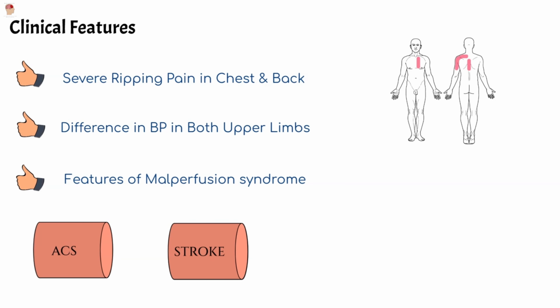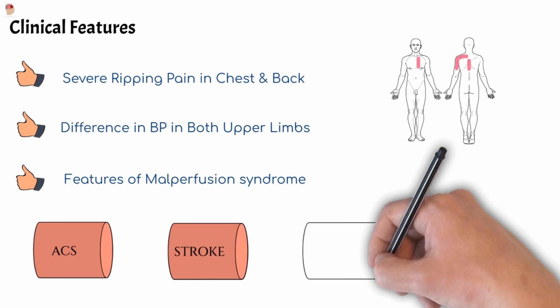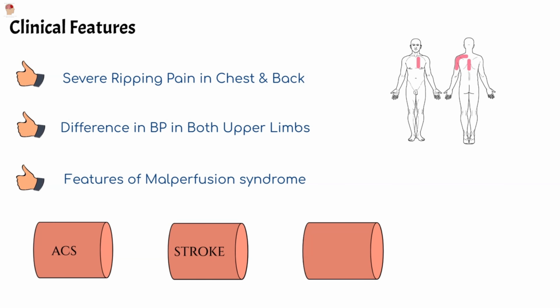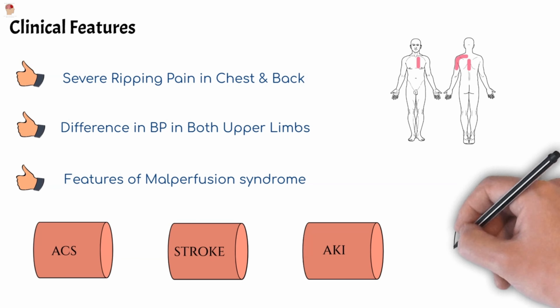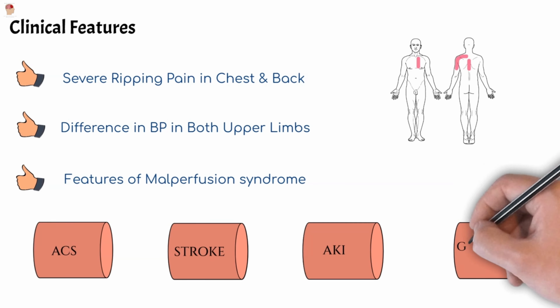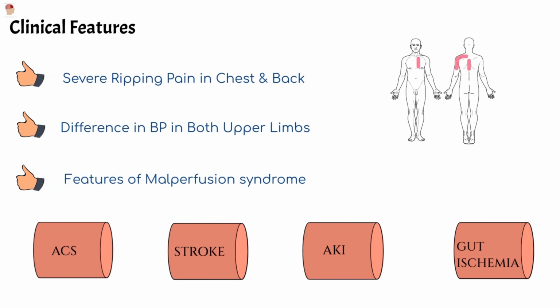Similarly, sometimes the renal blood vessels are affected, and then there will be a decrease in urine output, leading to acute kidney injury. Also, the circulation of the internal organs of the abdomen can be disrupted, leading to gut ischemia, and the patient might present with pain in the abdomen.